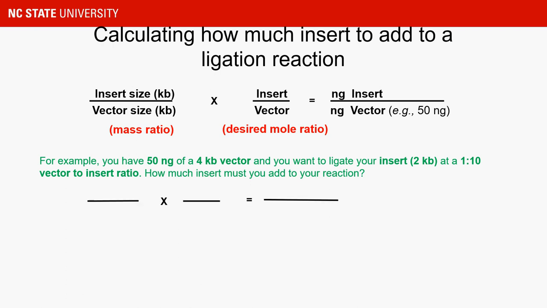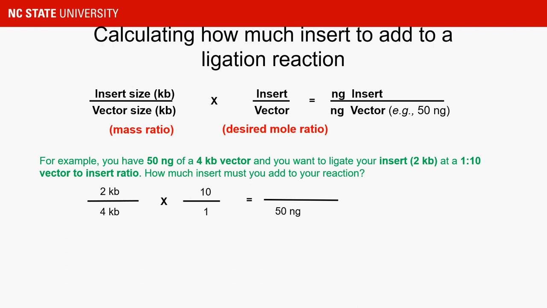Let's use the equation above to solve this question. First, let's put the insert and vector sizes into the equation, which are 2 kb and 4 kb. Next, let's put the insert and vector molar ratio into the equation, which is 10 and 1.